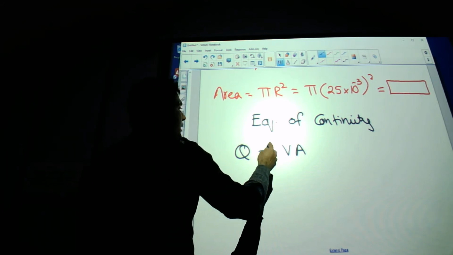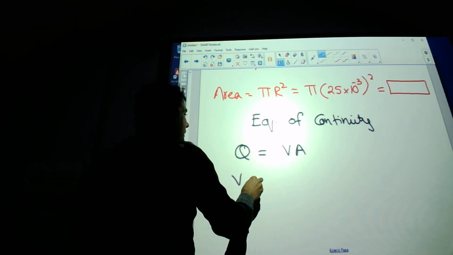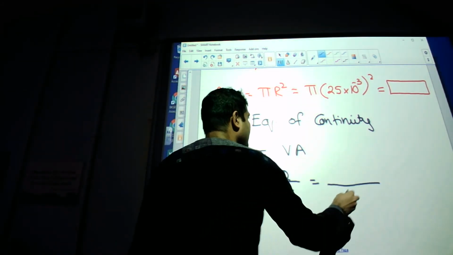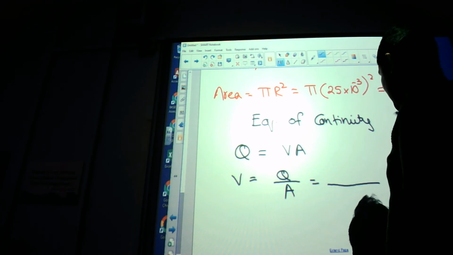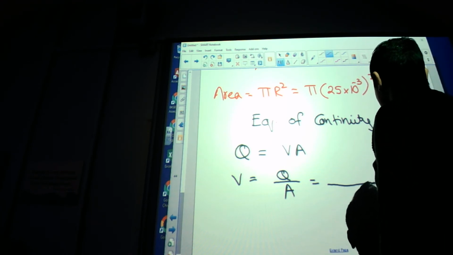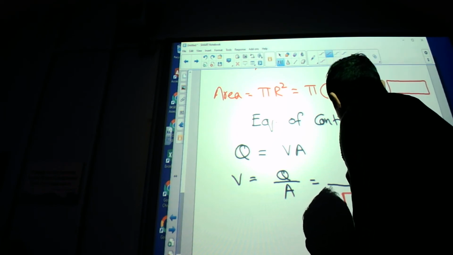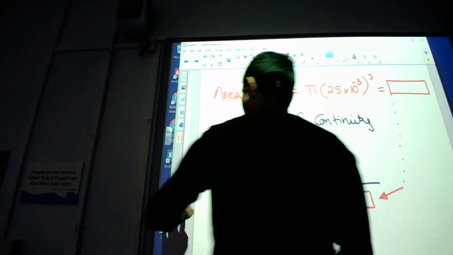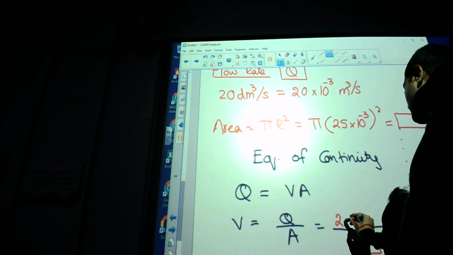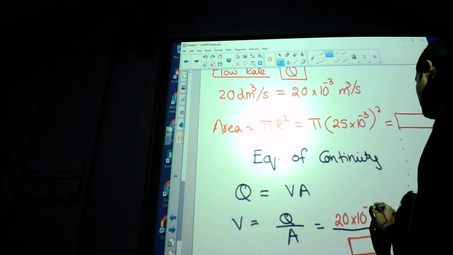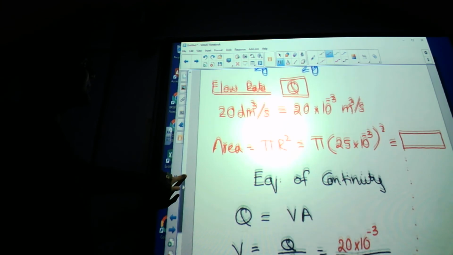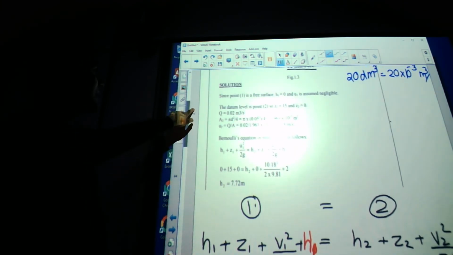Now I need to find out the V, so V equals Q over A. A is whatever that red box is, and Q is this one. So I put in the value of Q and the value of A.